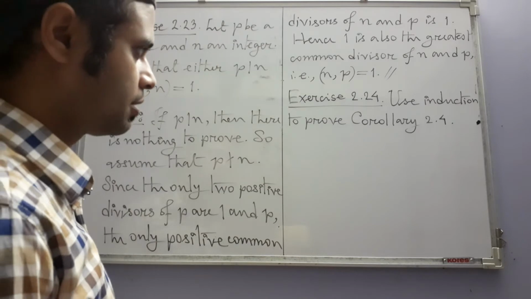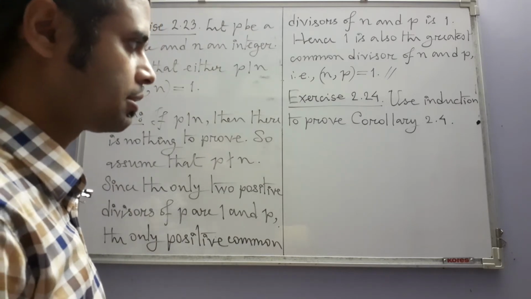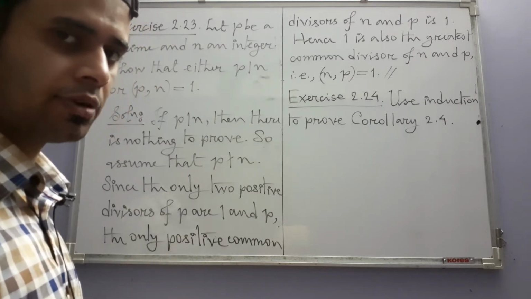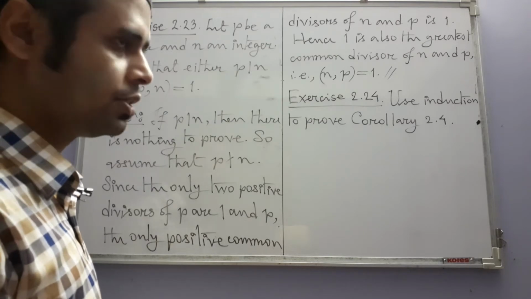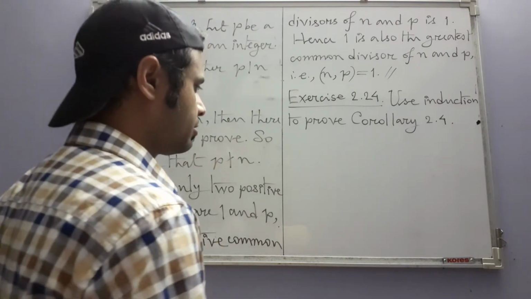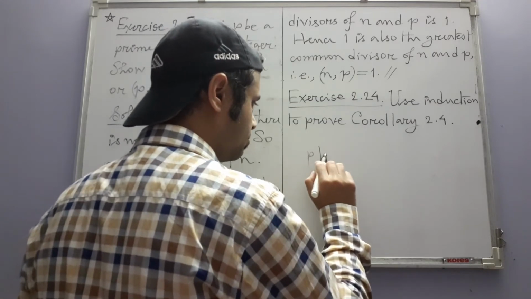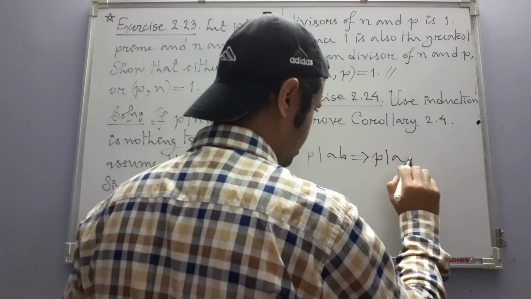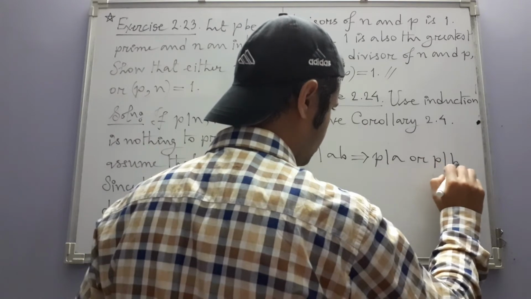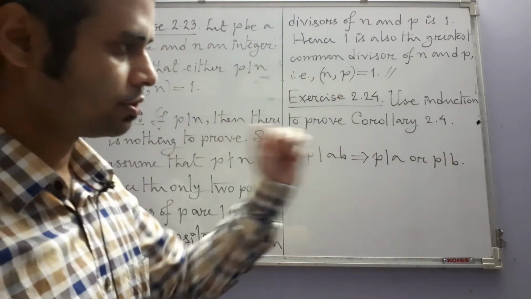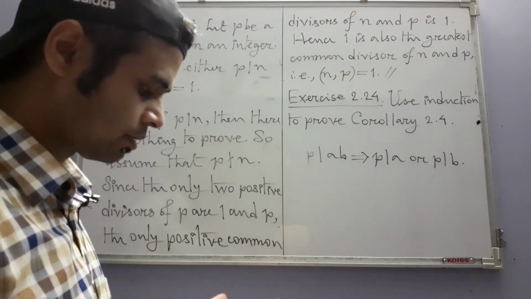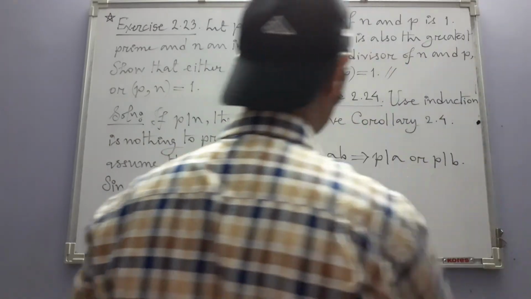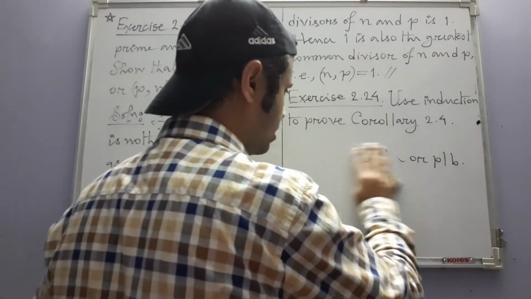So that means it's that corollary which says that if a prime number divides a product of any number of integers, then it divides at least one of them, which is a corollary to the result that if a prime number divides a product of two integers, then it divides at least one of them. However, I forgot to write the number of this result. So we will somehow mention it, because we will need this result in the corollary.